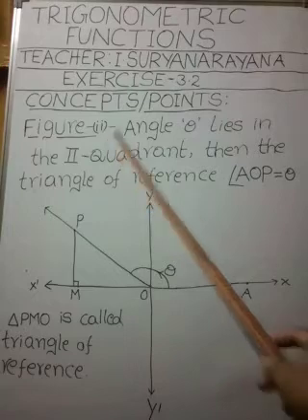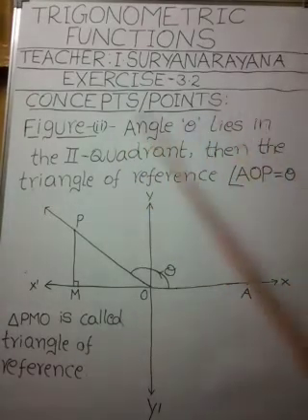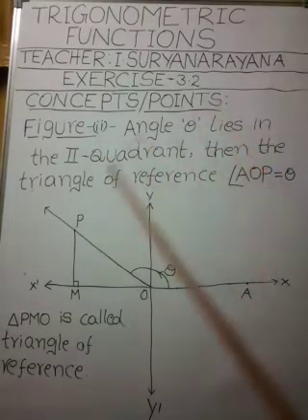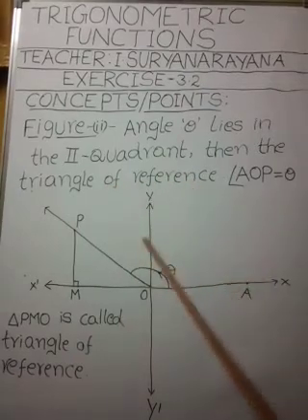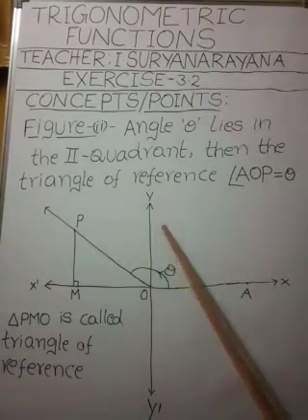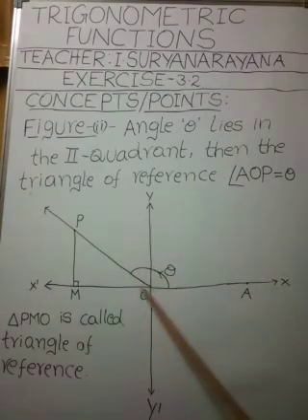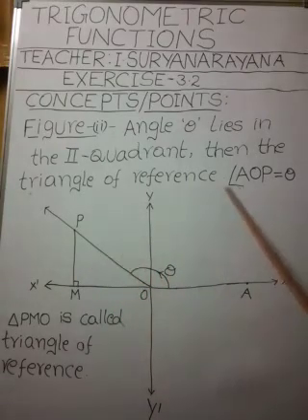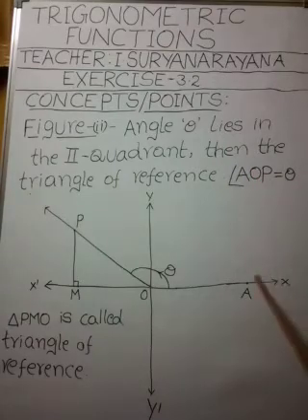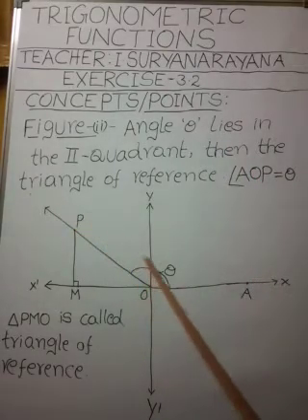See this figure 2. If angle theta lies in the second quadrant, then the triangle of reference will be in the form of this. We draw a triangle of reference like this. Angle AOP is theta.